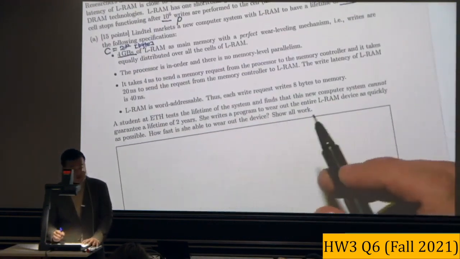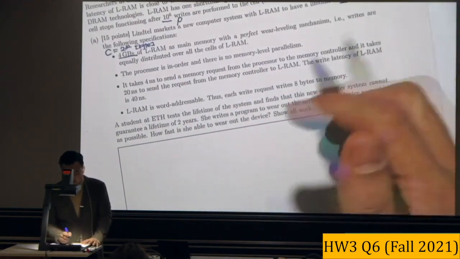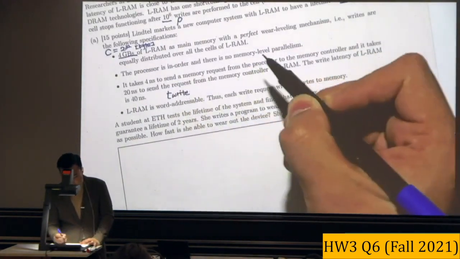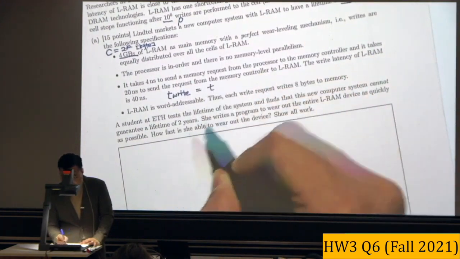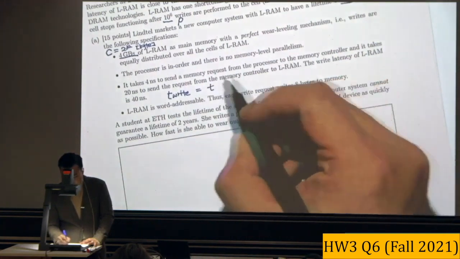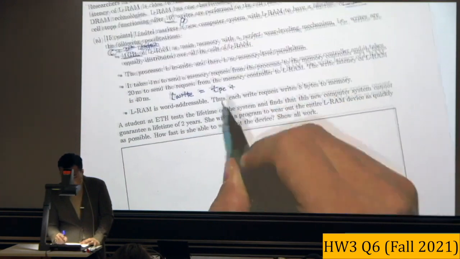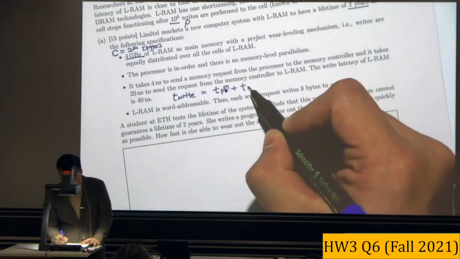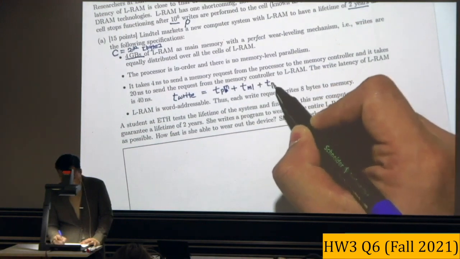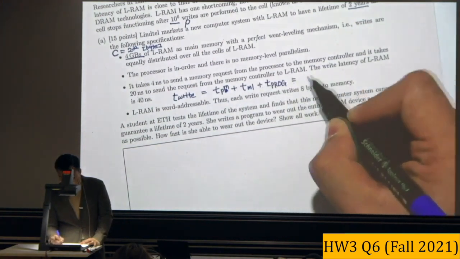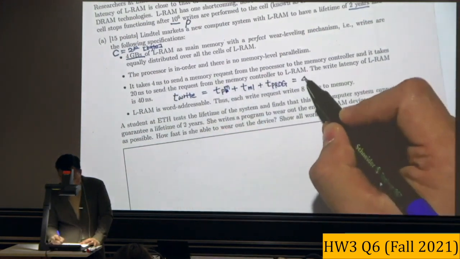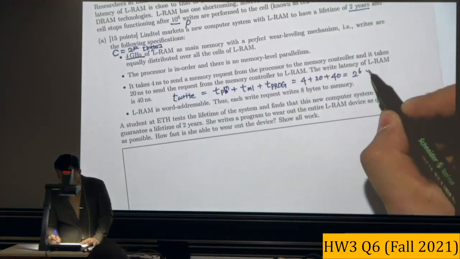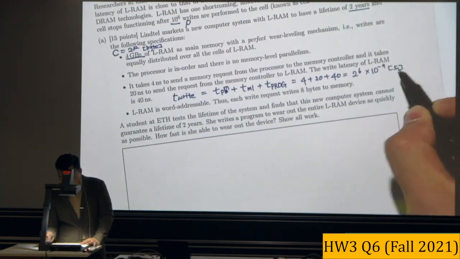So to write data to an LM cell, the total time, let me put this as T write, is the transfer time from the processor to the memory controller, let's put this as PM, and another transfer from the memory controller to LM, and the program latency of LM, and it's 64 nanoseconds.